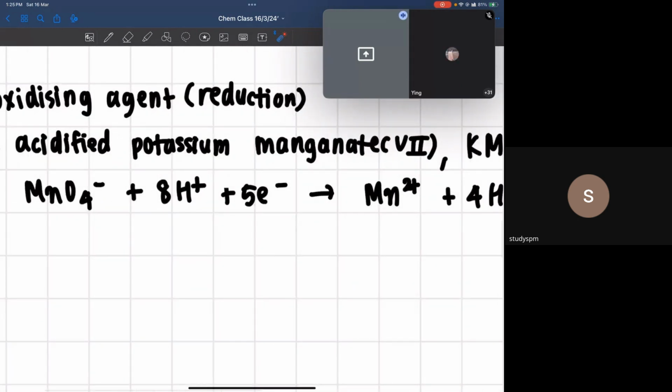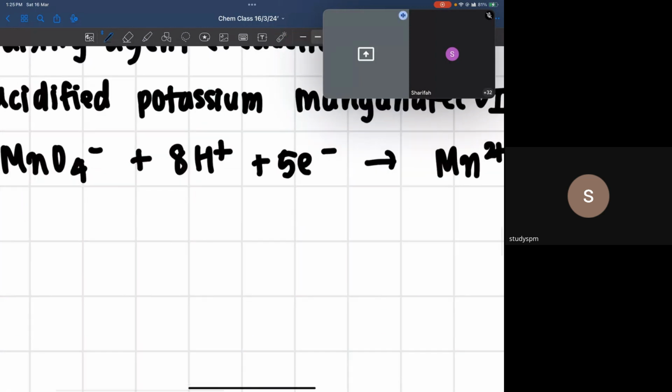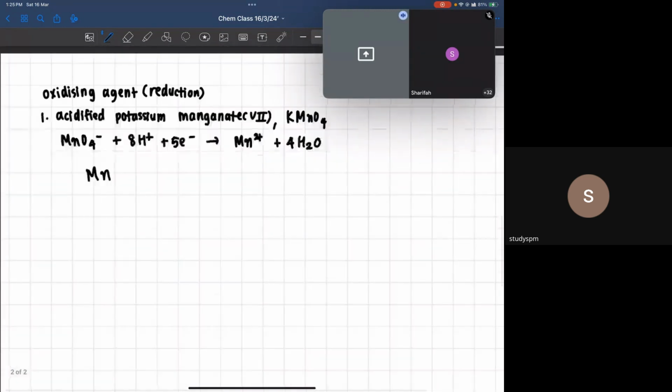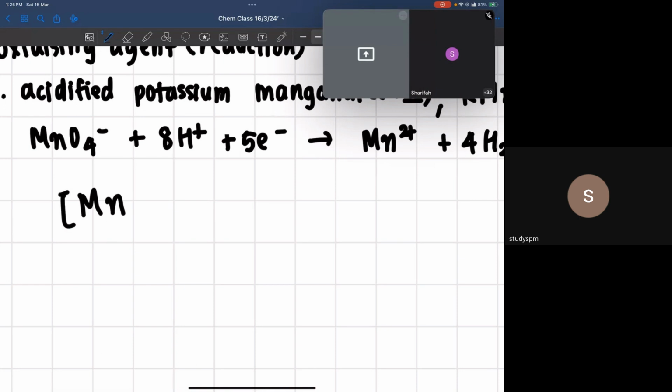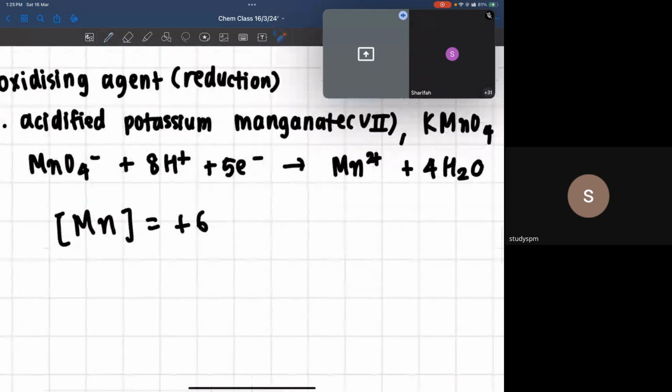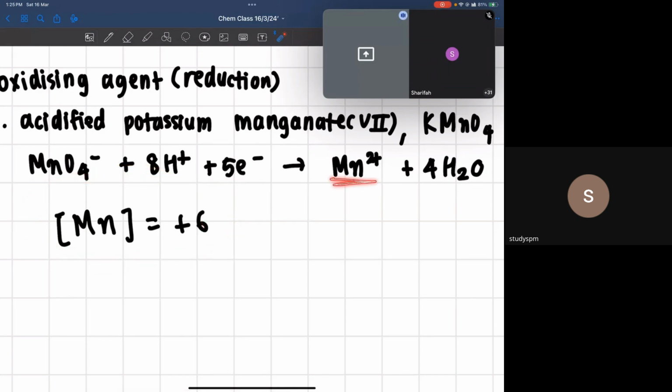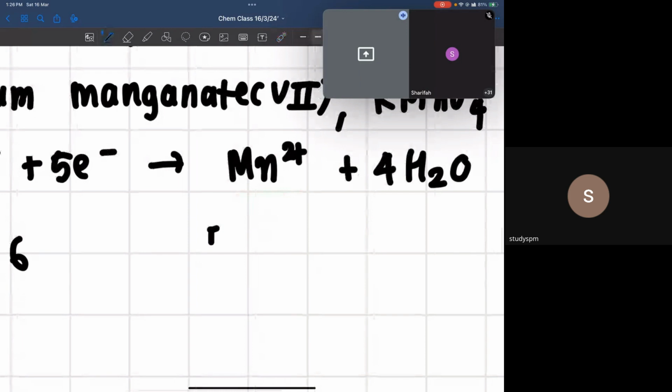So, okay. For Mn, manganese, we try to calculate. Just now we already calculated, it will be positive 6. So at first it was positive 6. But this one is the reactant, okay? But the product, you see this one, Mn, is positive 2.